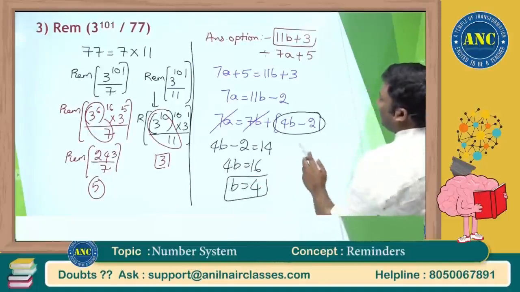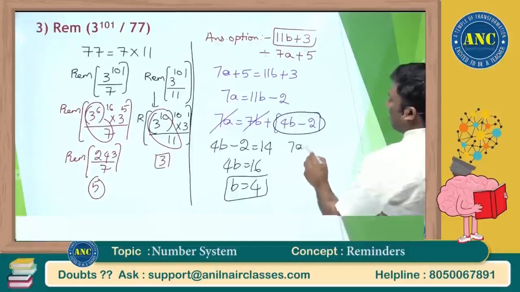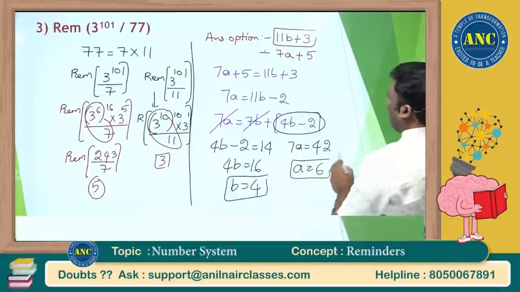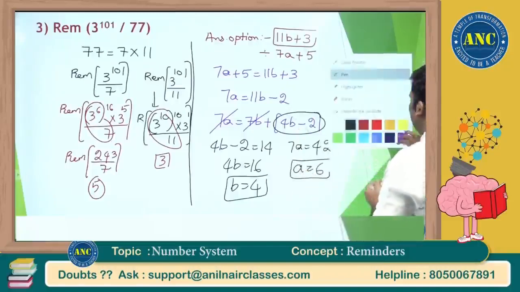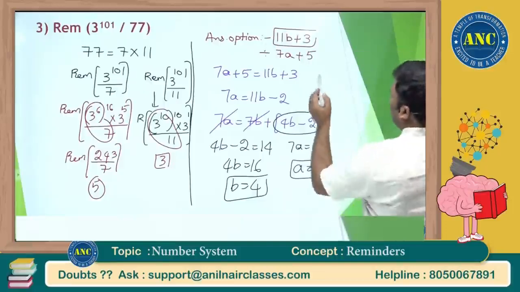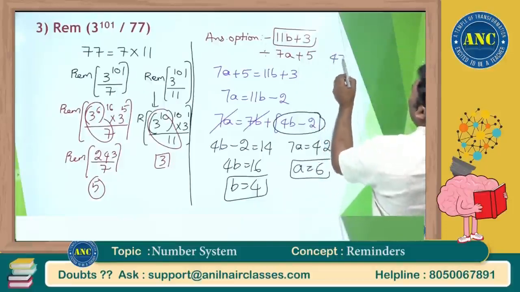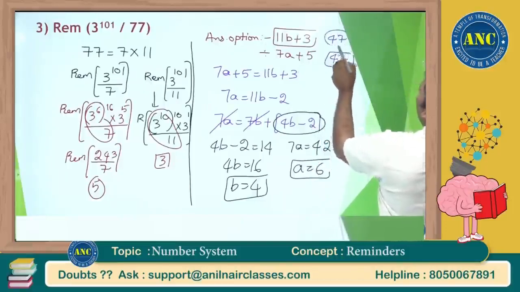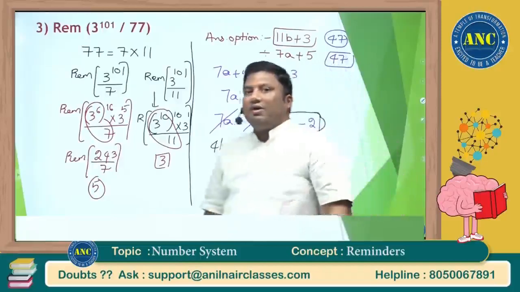If b is 4, then 7a equals 44 minus 2, 42. A is nothing but 6. Substitute any value, you will get the answer: 42 plus 5, 47. 44 plus 3, 47. In both cases, you got the answer 47.